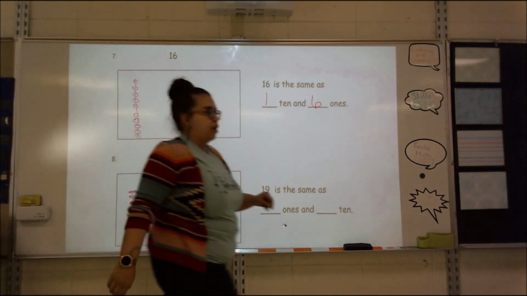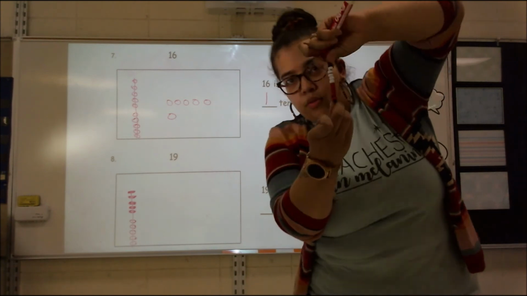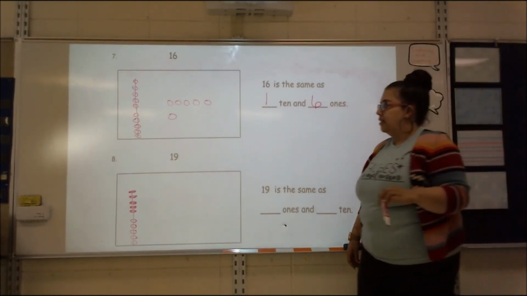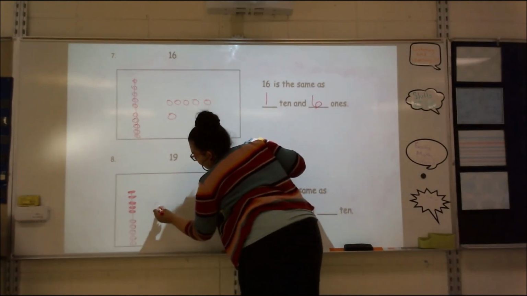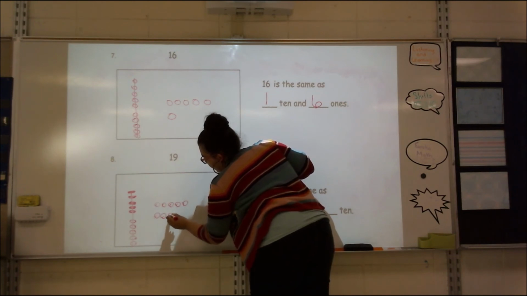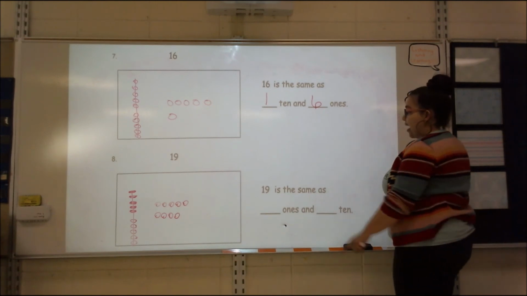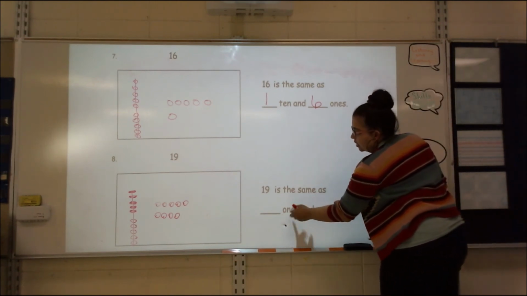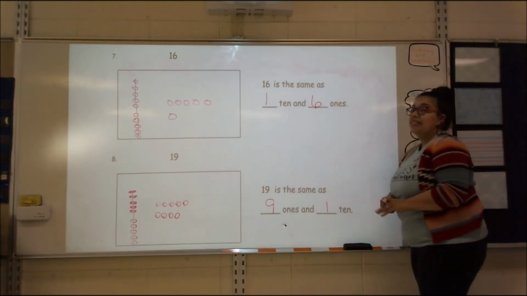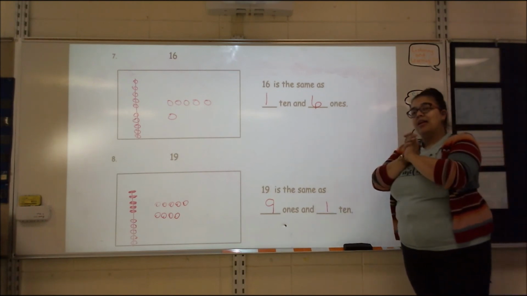If we unbound our bracelet and made just a straight line, look, the stick would go through the middle. It wouldn't go around it. So we're connecting them. So 9 more. 3, 4, 5, 6, 7, 8, 9. So 10 and 9. So 19 is the same as, pay attention, 9 ones and 1 ten. 9 ones and 1 ten, 19.